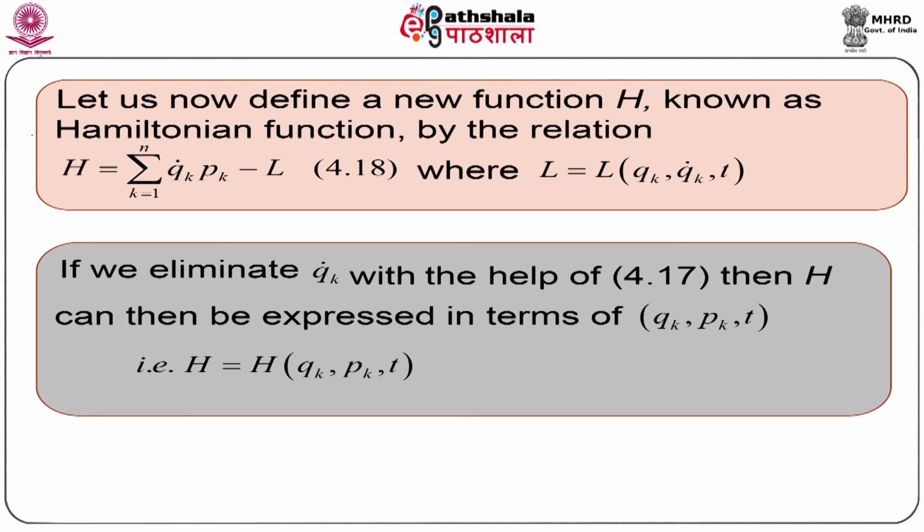Let us now define a new function capital H, known as the Hamiltonian function, by the relation capital H equal to summation k equal to 1 to n qk dot into pk minus capital L. Thus, capital H is a function of qk dot and pk, where L is a function of generalized coordinate qk, generalized velocity qk dot and time t. L is the Lagrangian of the system.